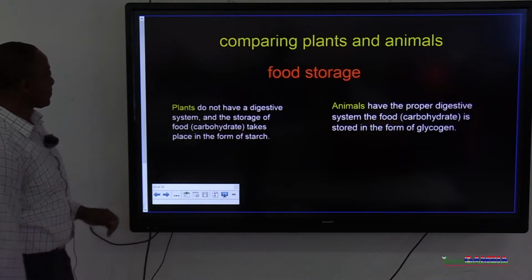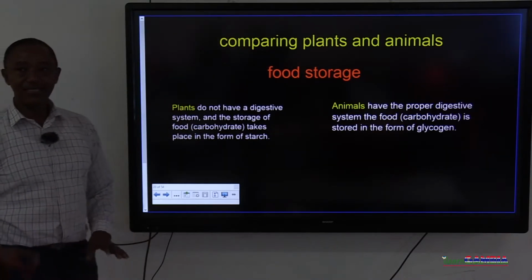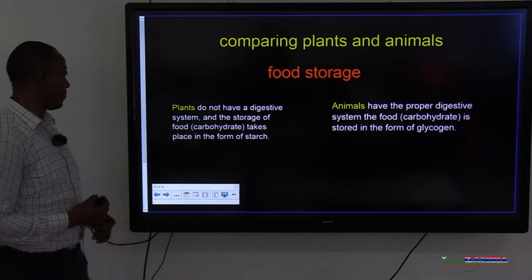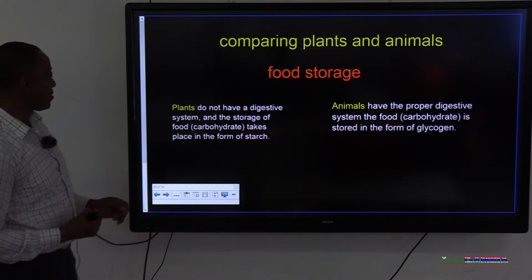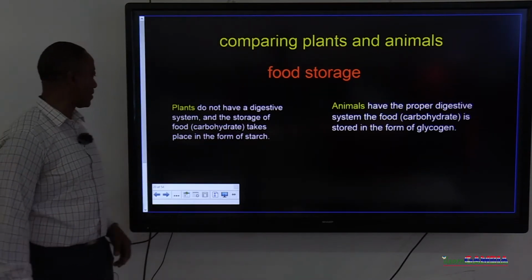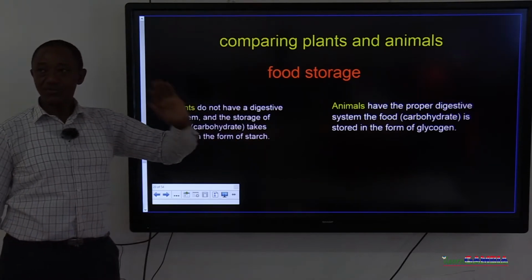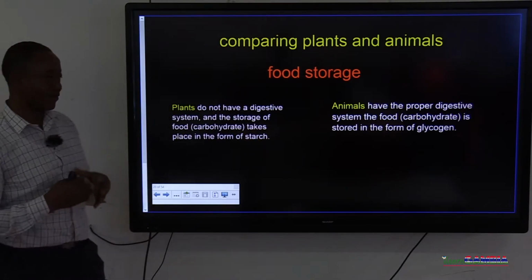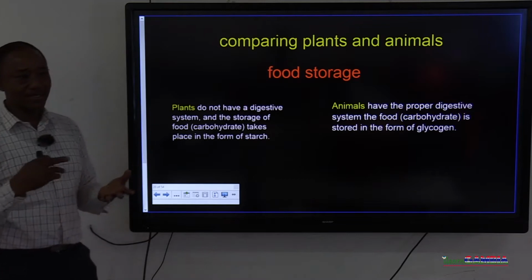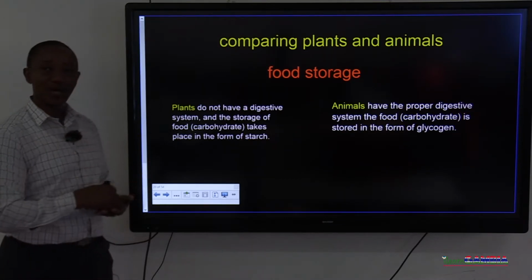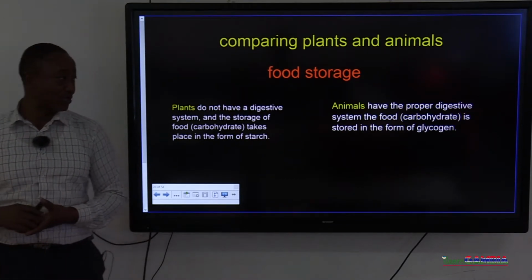Food storage. Now, plants do not have the digestive system as we find in animals, and the storage of food, especially carbohydrate, takes place in the form of starch. So for plants, they store food in the form of starch. That's what you have in rice and other grains. You also have them in tubers like cassava and potato.